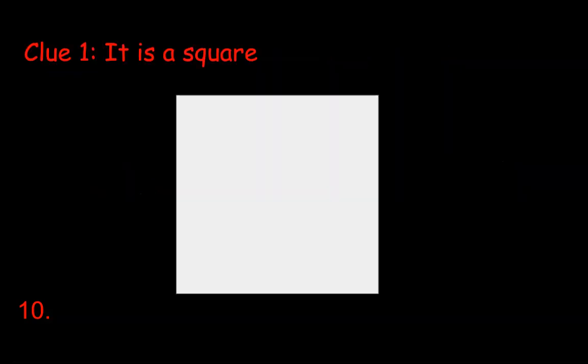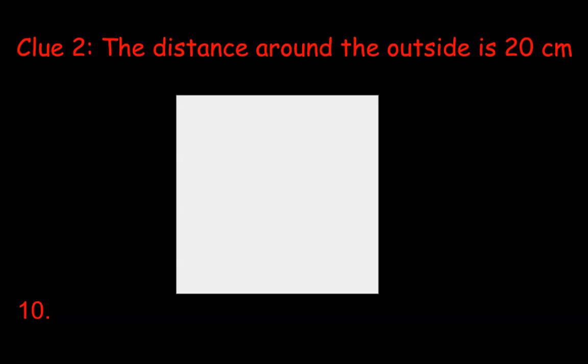Right, I'm going to use clue 1. It's a square. There it is. And that's going to help. The next clue, the distance around the outside is 20 centimeters. So if I start there and I go to there, and then I go there, and I go there, it's 20 centimeters. The other thing I know about a square is the length of that side, and that side, and that side, and that side are the same.